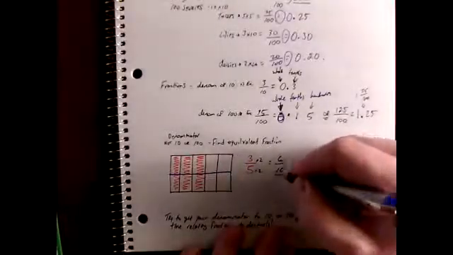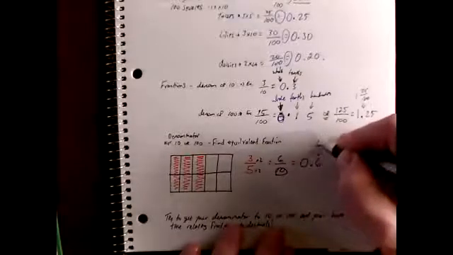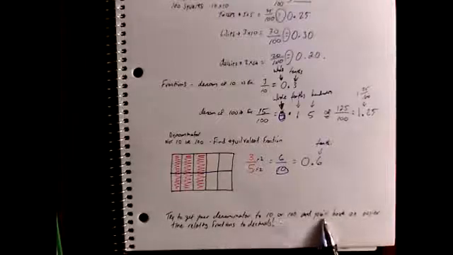Well, I haven't filled it full, so I don't have a whole, but I have 0.6 because remember, tenth, I only want to go to the tenth place value, so it'll be 0.6. So as I said, try to get your denominator to 10 or 100, and you'll have a much easier time trying to relate fractions to decimals.